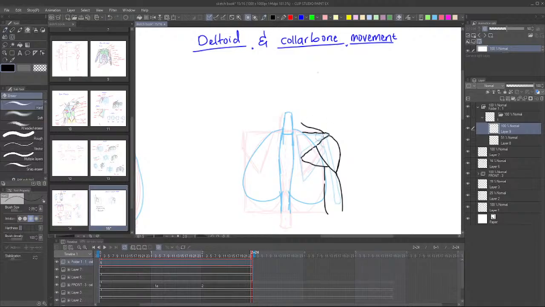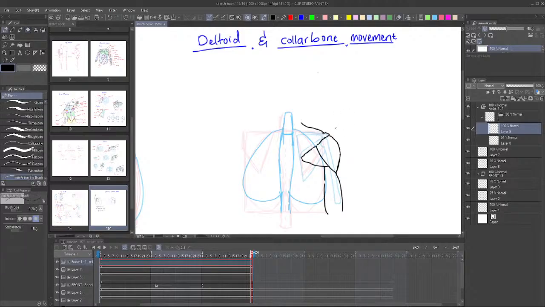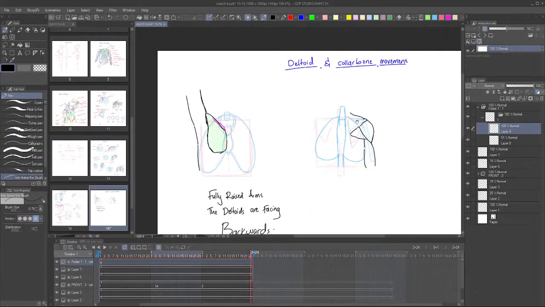Actually, no. You're going to see this, since this is the back side. You're going to see the whole trap.